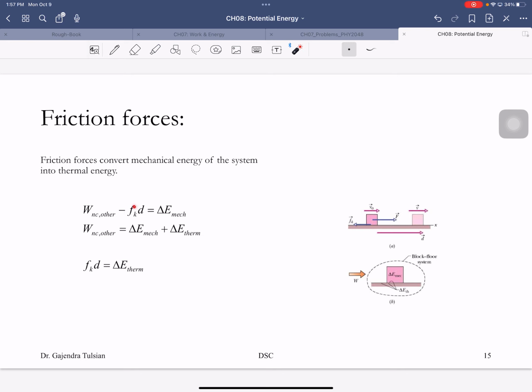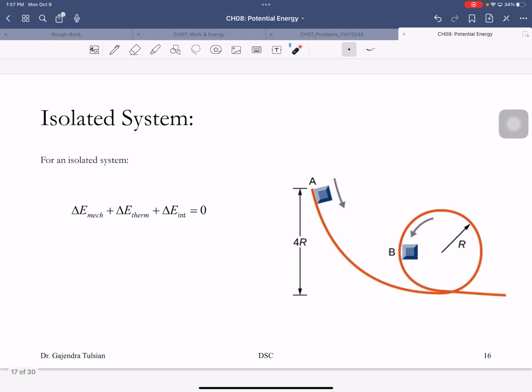It converted that much mechanical energy to heat. So all the non-conservative forces change mechanical energy, and heat in particular converts it to thermal energy. Anyway, don't worry about all that.